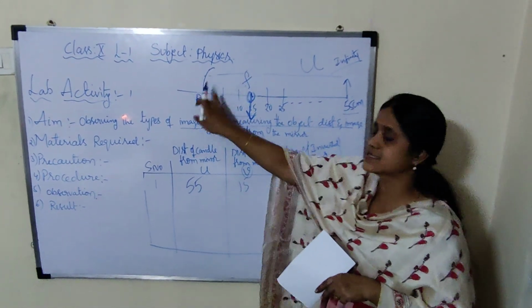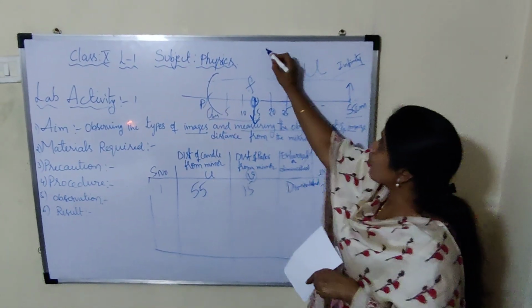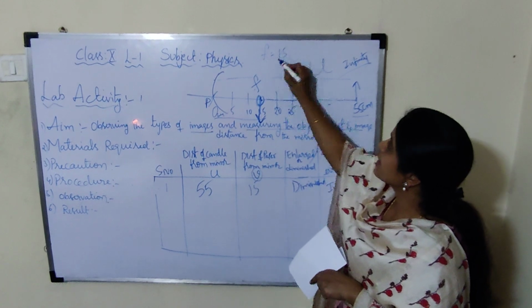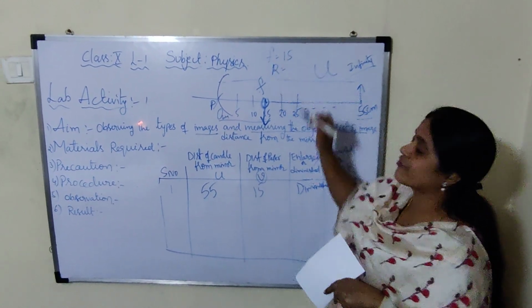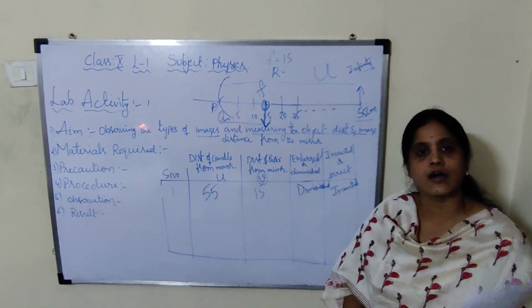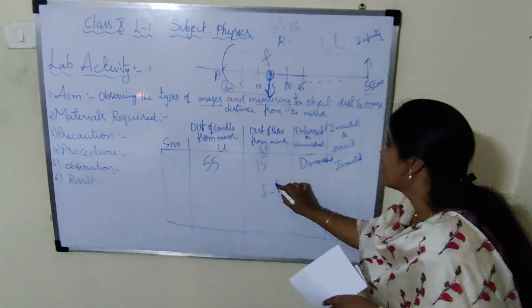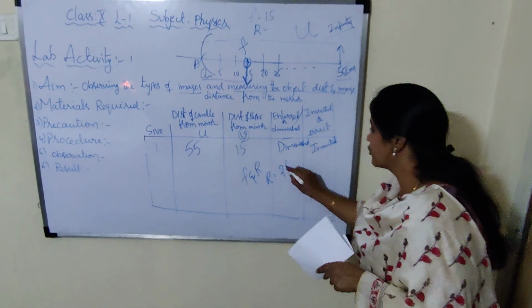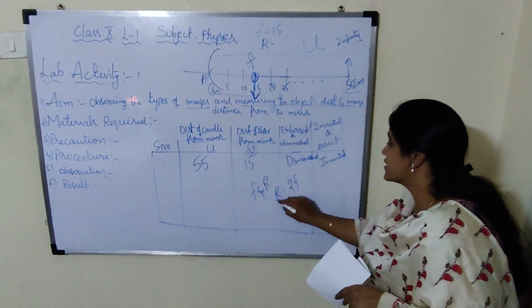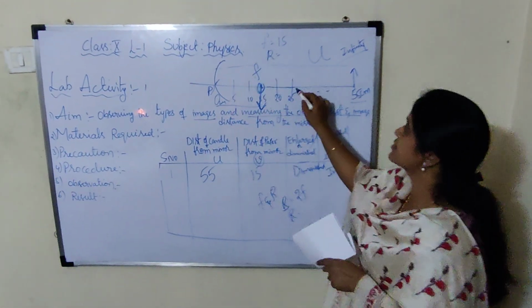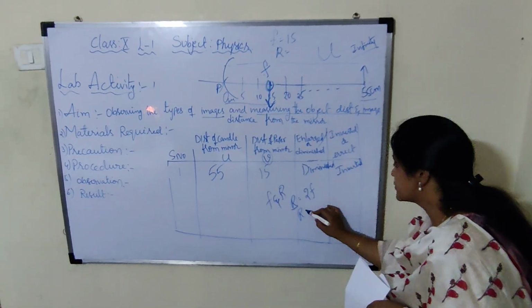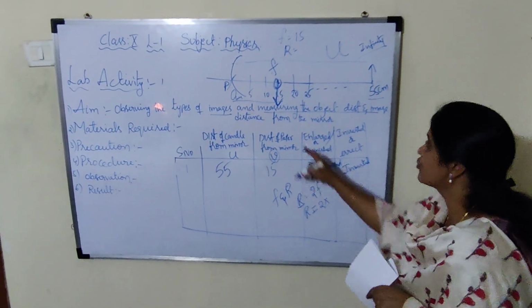For this mirror, if the focal length is 15, then what is the radius of curvature or the center of curvature? You all know the relation between F and R. R is 2F. So the radius of curvature of this mirror is equal to 2 into 15.